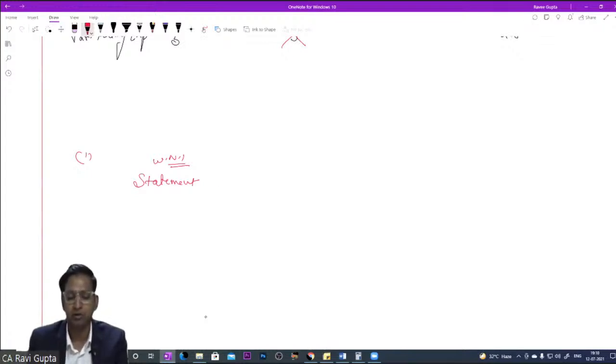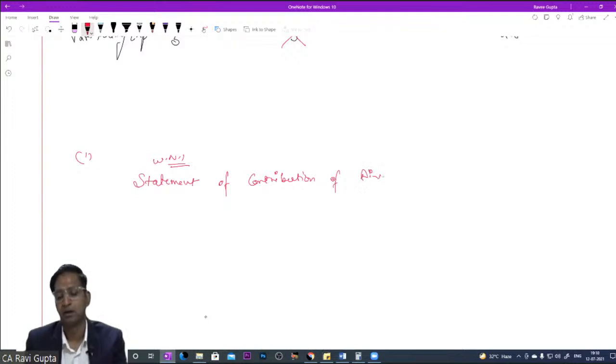Now the statement of contribution of division XY when TP is equal to 42 rupees.